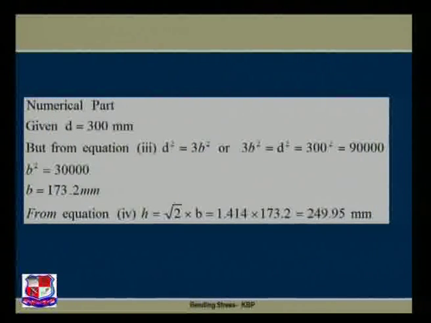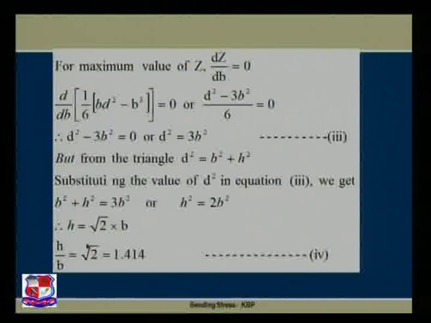Now the other part which is proved here is that the maximum moment of resistance can be achieved by a ratio of H by B equal to 1.414. If we cut with this relation between H and B from the circular section, we can achieve the maximum strength of section, the maximum moment of resistance, in this given data.